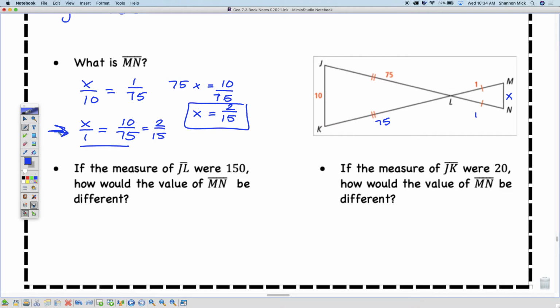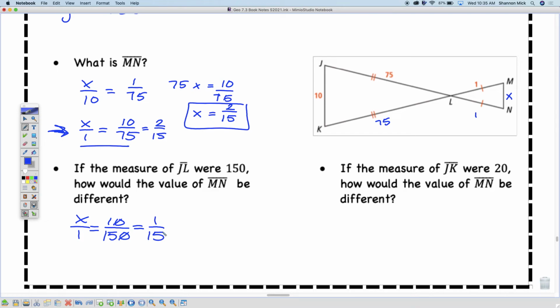Okay, so what happens if JL were 150? So we'd have X over 1 equals, and where would the 150 go? At the bottom. So 10 over 150. Well, 10 over 150 would just be what? 1 over 15. Okay.